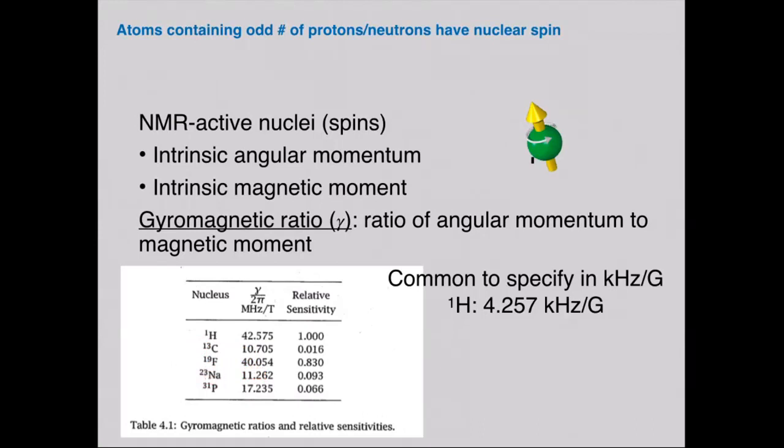Sodium 23 is another common nucleus that we use in MRI, even in NMR. And then 31P, phosphorus, resonates at again about a third of the resonance frequency of hydrogen.